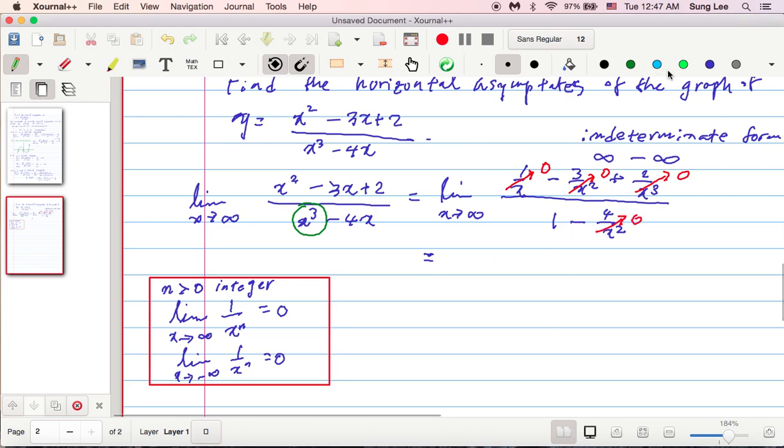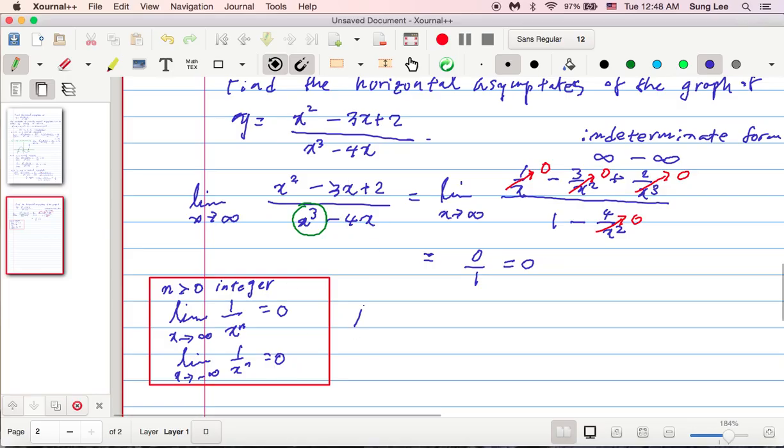So overall, what do we have? We have 0 over 1 equals 0. So actually y equals 0, the horizontal line y equals 0, which is the x-axis, is going to be a horizontal asymptote.